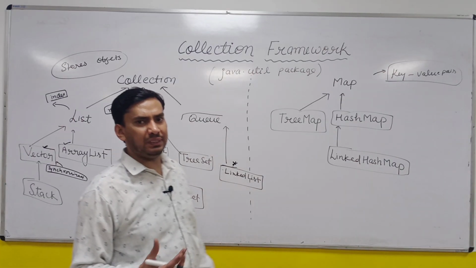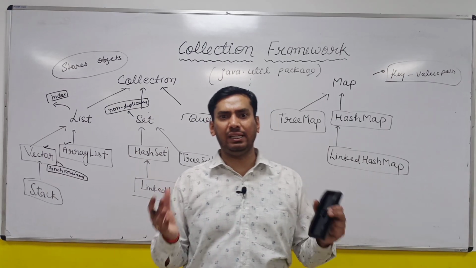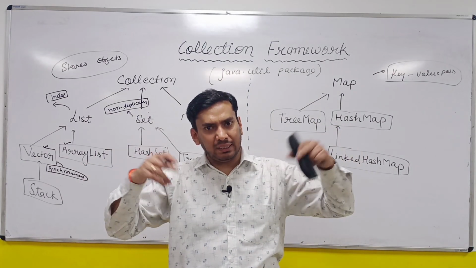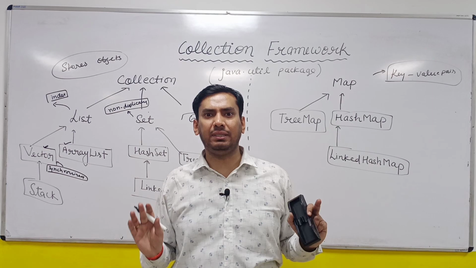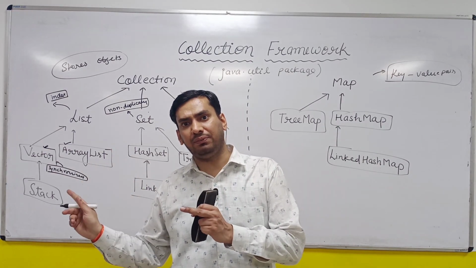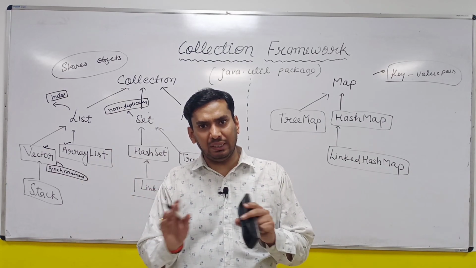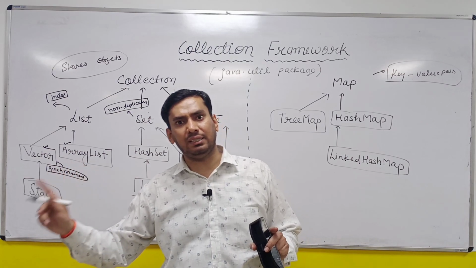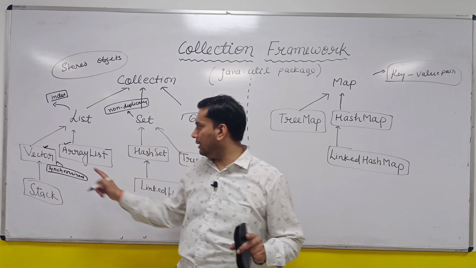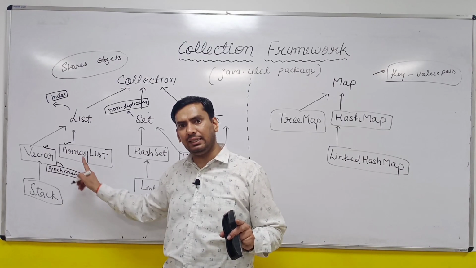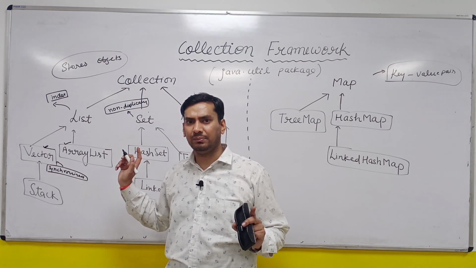Vector provides you the feature of synchronization. Synchronization means multiple threads cannot access it simultaneously, similar to the string buffer. A string buffer is synchronized and string builder is unsynchronized. Similarly, vector is synchronized and array list is non-synchronized.